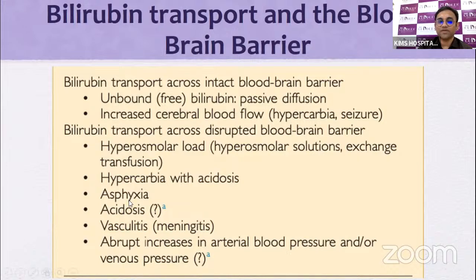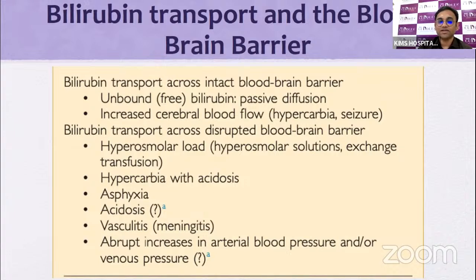In the case of hypercarbia with acidosis, as I said, there is more cerebral blood flow to the brain that can itself disturb the blood-brain barrier and lead to the entry of bilirubin into the brain. And asphyxia, through the multiple mechanisms we discussed, increases the blood flow, can damage the transporters, and can damage the endothelium. In acidosis, all this can lead to increased transport across the blood-brain barrier. The acidosis per se can lead to more bilirubinic acid and can damage the endothelial barrier, leading to more bilirubin entry.